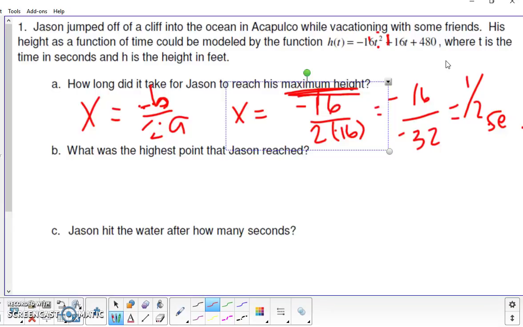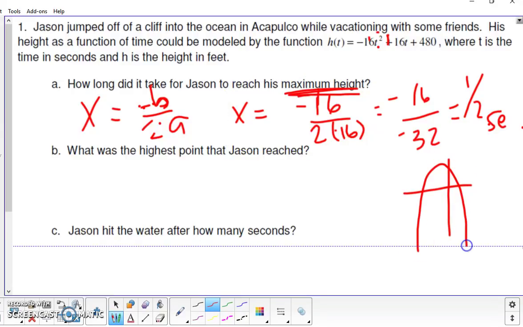So then question B, what was the highest point that Jason reached? If we're talking about graphing this and we have a parabola, the highest point would be that vertex. So we have 1/2 as our time that it took for him.